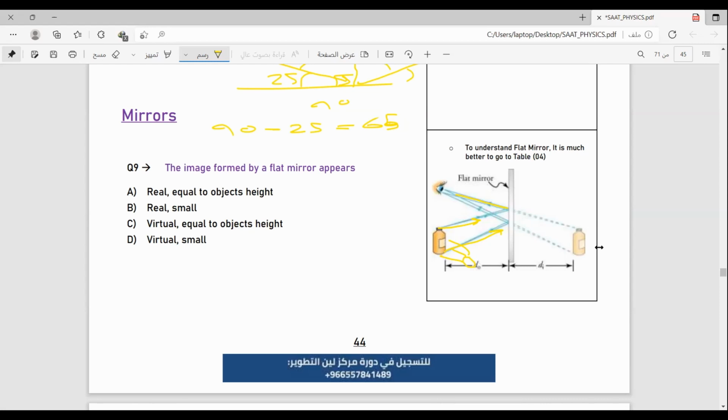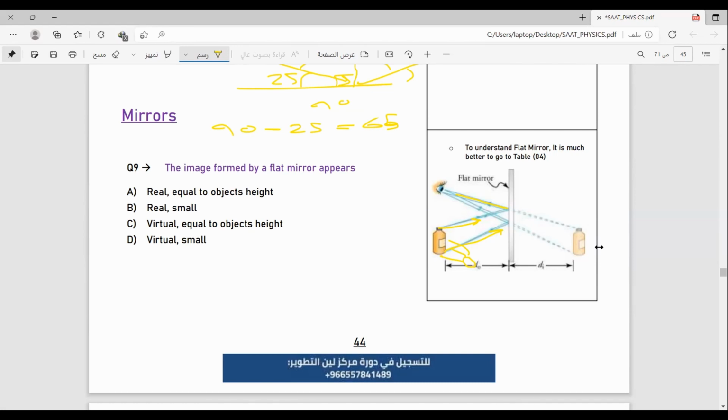It is not a real one. So in the flat mirror, you will get an imaginary or virtual picture, not a real one, because we have real and we have imaginary. We will go deeply into imaginary and real when we get to concave and convex, and it will be more clear for you.